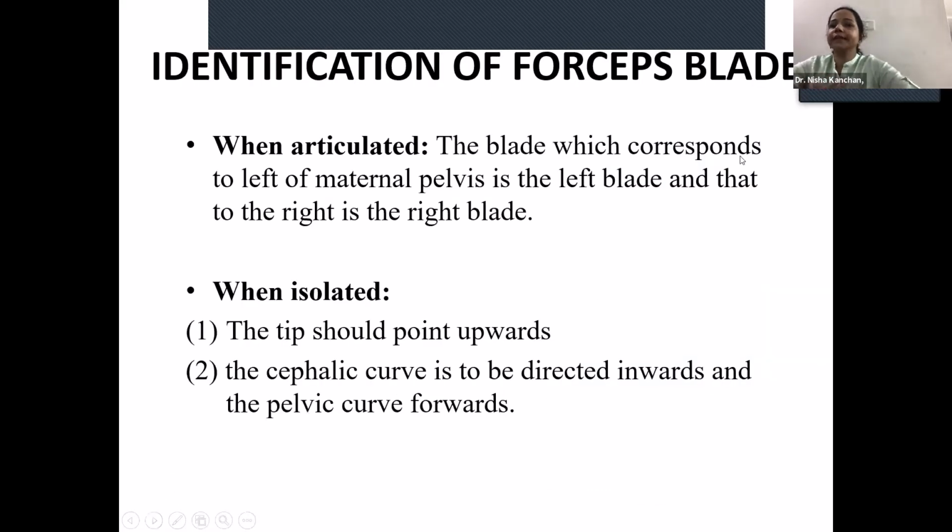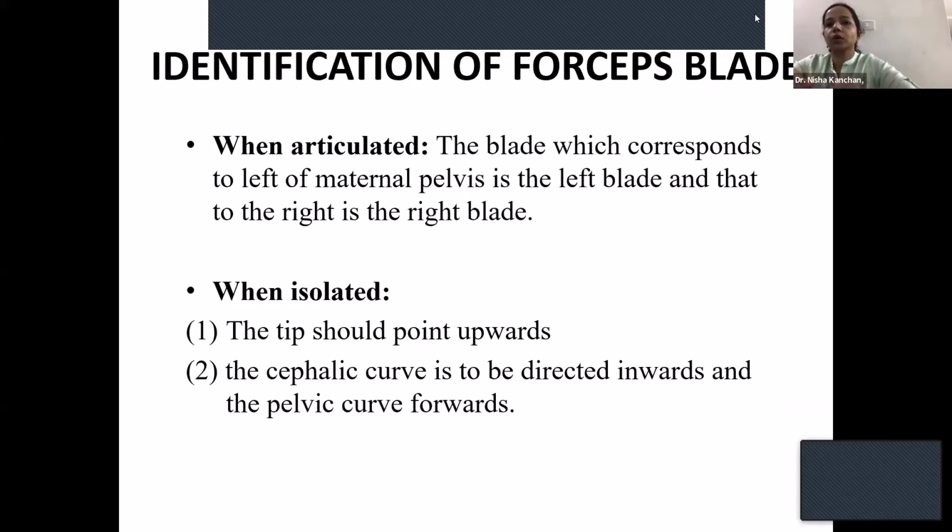So how do you identify a forceps blade? When you go in viva, they will ask you to articulate the forceps and show how you connect the forceps, and how you identify which is the left. When you try to lock the forceps, the blade which comes on the left side of the maternal pelvis is the left blade, and that on the right is the right blade. So the left blade will be lower.